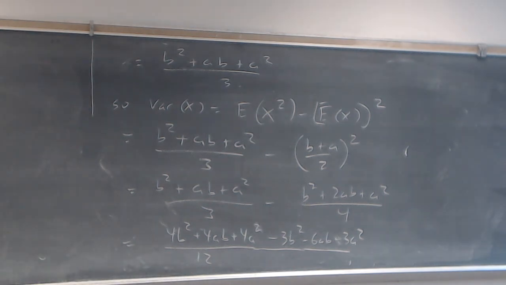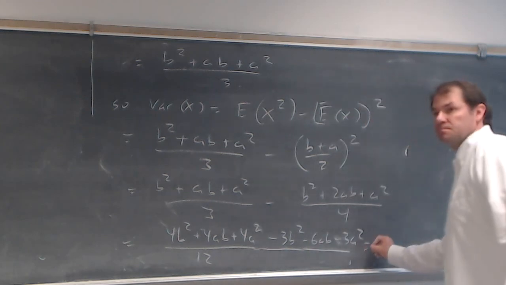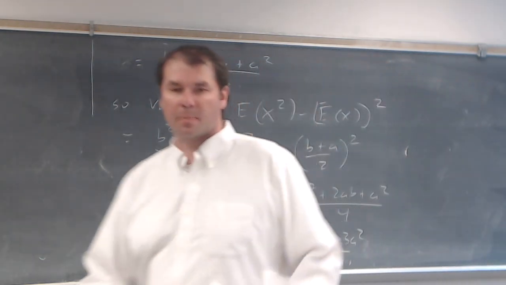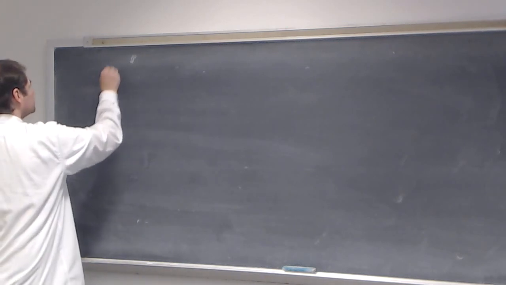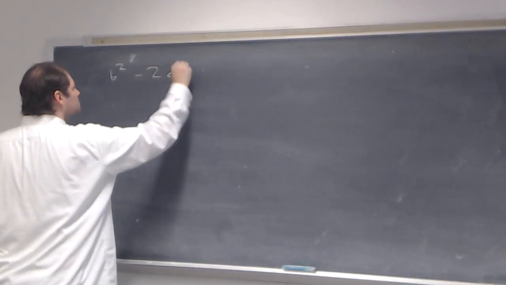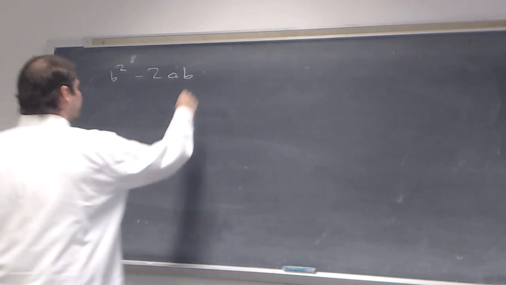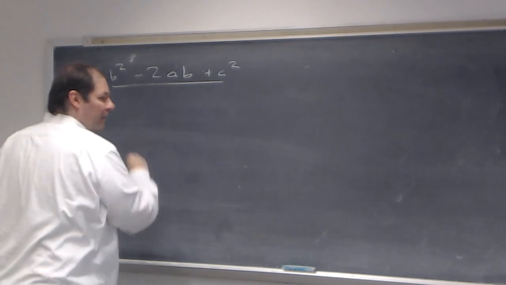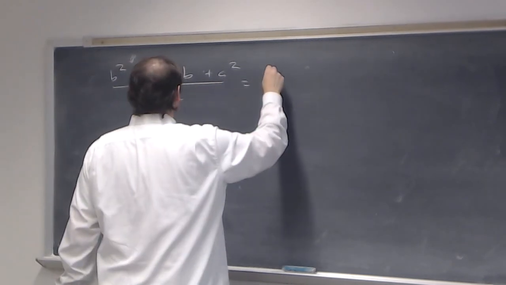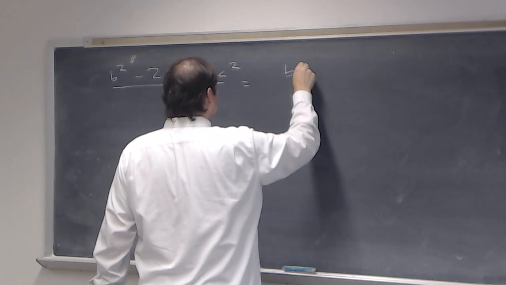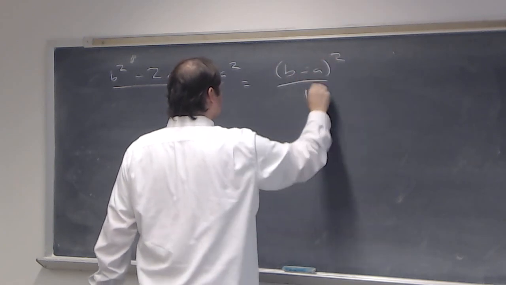Okay, maybe I have a little room here. So simplifying that, what we're going to get is b squared minus 2ab plus a squared, and that's over 12, and then that ends up being this top factors, it's (b minus a) squared over 12, and that's what we said.